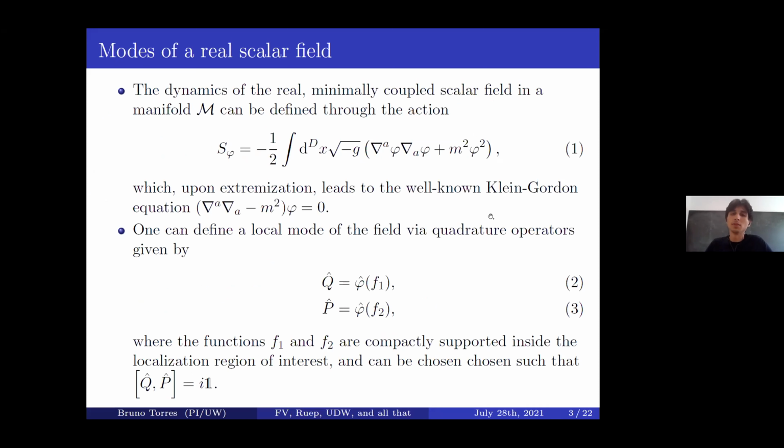Given the field, you can define any local mode of the field by essentially smearing it with some smearing function or a pair of smearing functions that can be chosen to be compactly supported inside the localization region that you're interested in, and can also be chosen such that these quadrature operators satisfy canonical commutation relations for position and momentum. So they define a single mode of a harmonic oscillator, right?